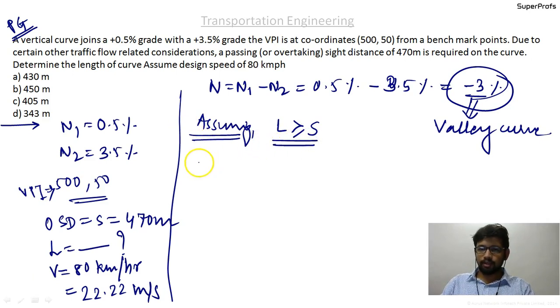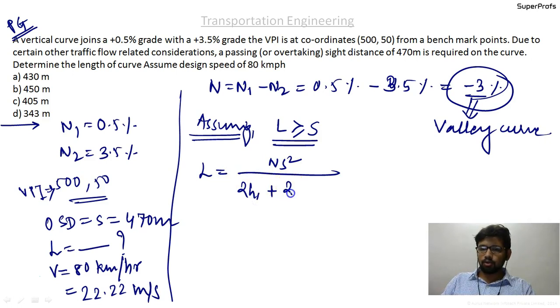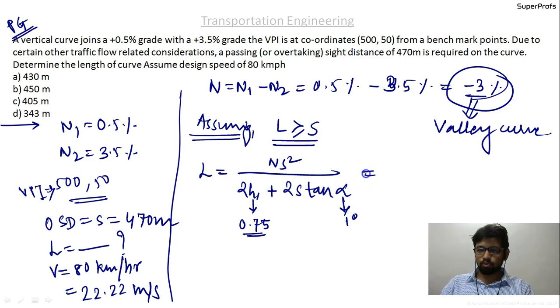So this is case 1, and the formula for this is L equal to n S square upon 2 h1 plus 2 S tan alpha. Since h1 is not given, use h1 equal to 0.75 as per IRC and alpha equal to 1 degree as per IRC, and all other values are known to us.